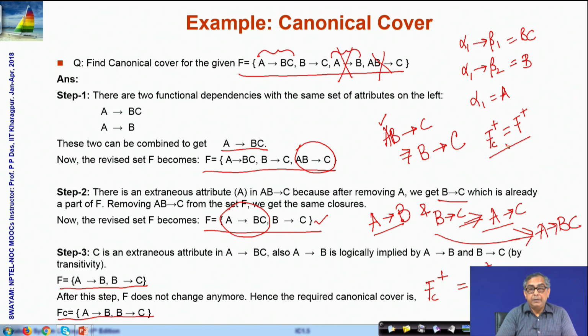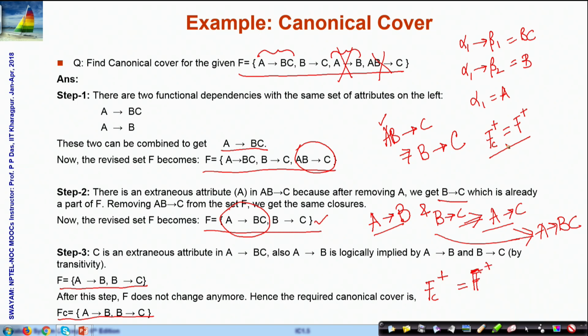So, they have the same closure, but certainly F C is a smaller set, that is a minimal set, where neither any attribute is extraneous nor any functional dependency can be removed. So, this is the canonical cover or the minimal cover of the set of functional dependencies.